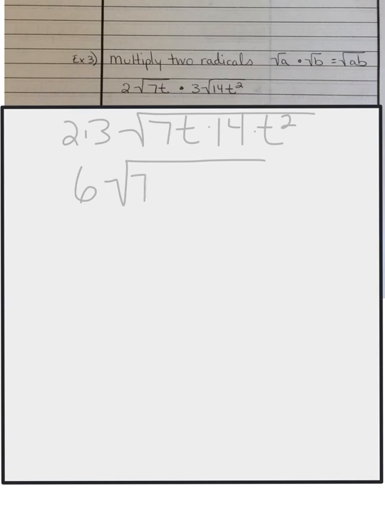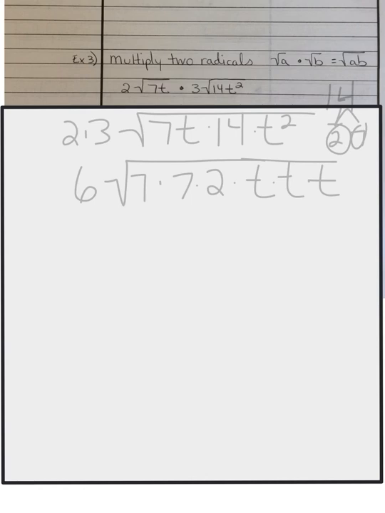But what about 14? If we did our prime factorization, 14 is 2 and 7. So I'm going to break that 14 up into a 7 and a 2. And I'm going to put all my t's. I have 3 of them, because t squared is t times t, and I have one other t, so t times t times t.